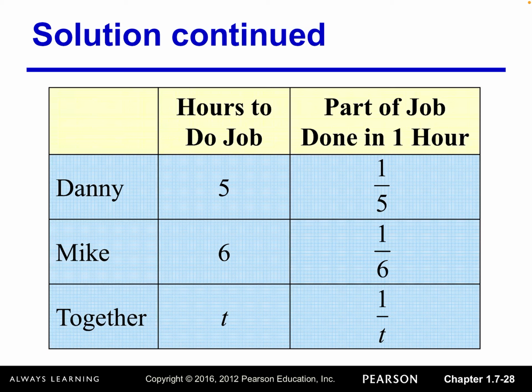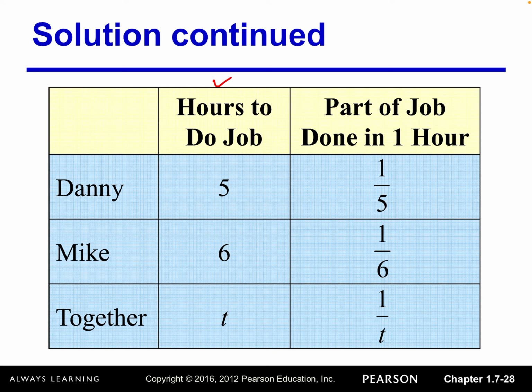This column lists the hours to complete the job. Danny can do it by himself in 5 hours, so the hourly work rate is 1 out of 5. Mike gets the job done alone in 6 hours, so the hourly work rate is 1/6.